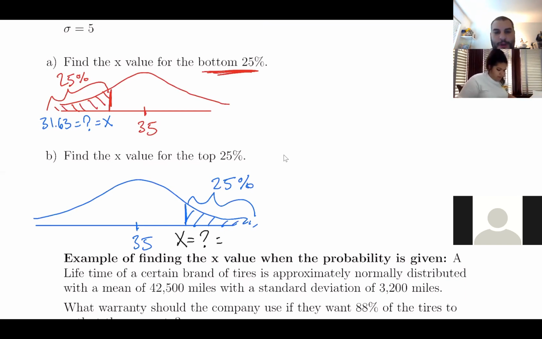We want to find what is the x value for the bottom 75%, the top 25%. So we want to find this x value over here.